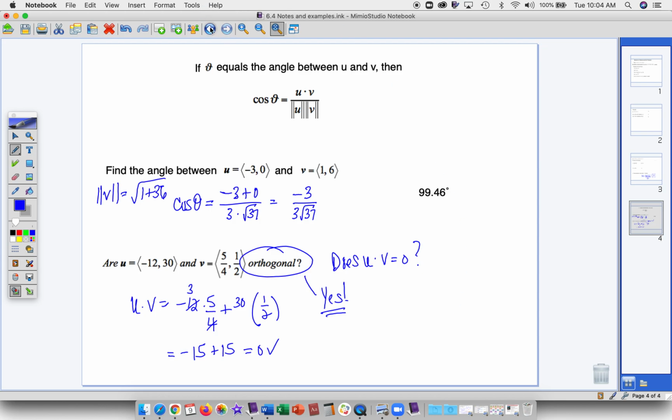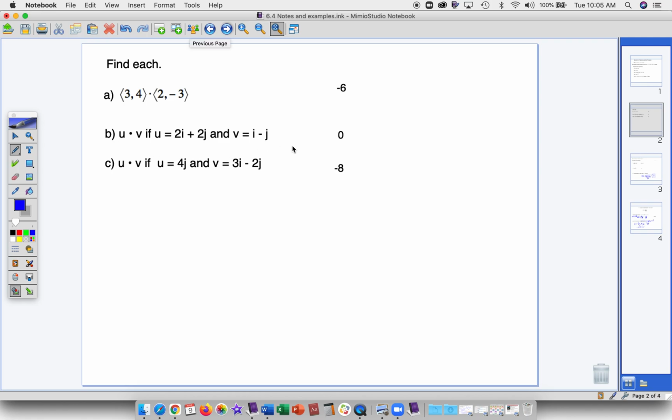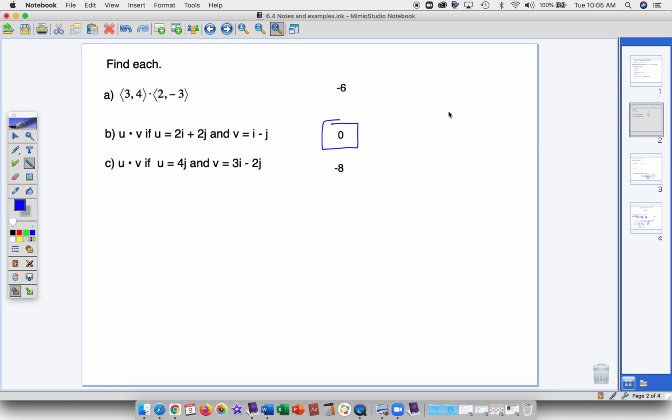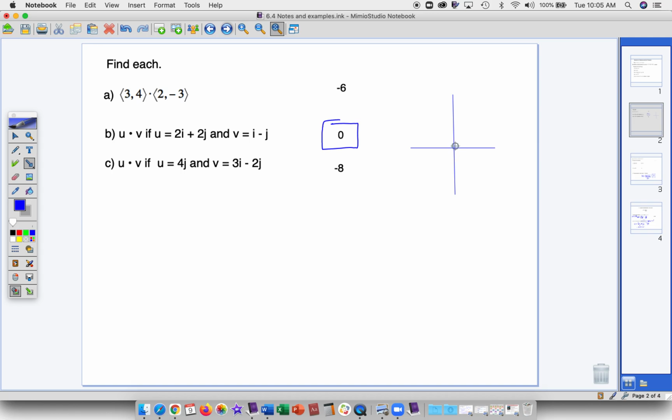Okay. So with this in mind, let's go back to that one example right here where you got the dot product of 0. What does that tell us about u and v? That they're at right angles, right? And if you take a look at how you would draw these vectors, 2i plus 2j, that's in quadrant 1, where the direction angle would be 45 degrees.